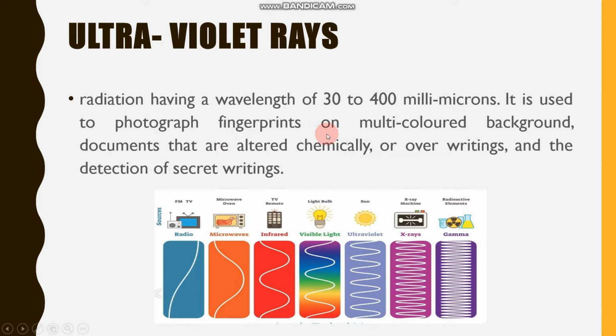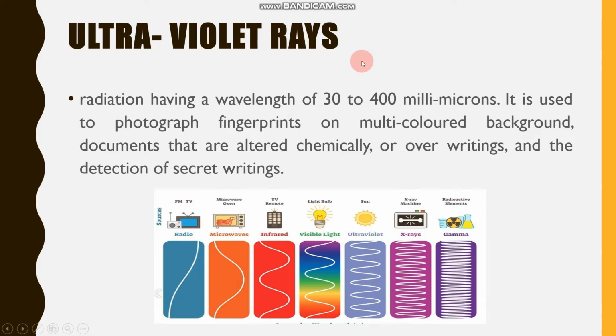Na-discuss na natin on multicolored background, documents that are altered chemically or overwritings, and the detection of secret writing. So, ito yung pangkaraniwan na use ni UV rays. And then yung mga secret writings, the invisible writings, kaya natin yan makita using the UV rays.